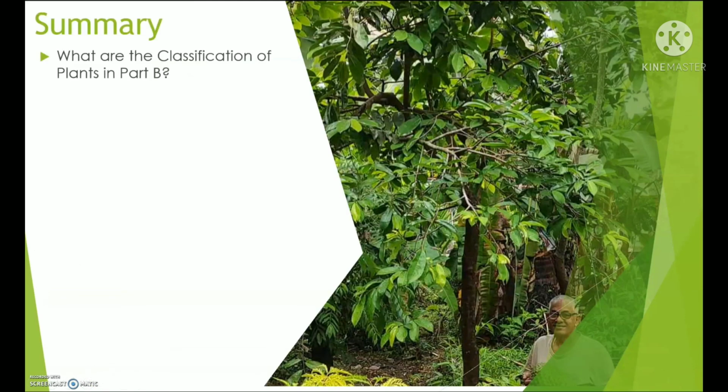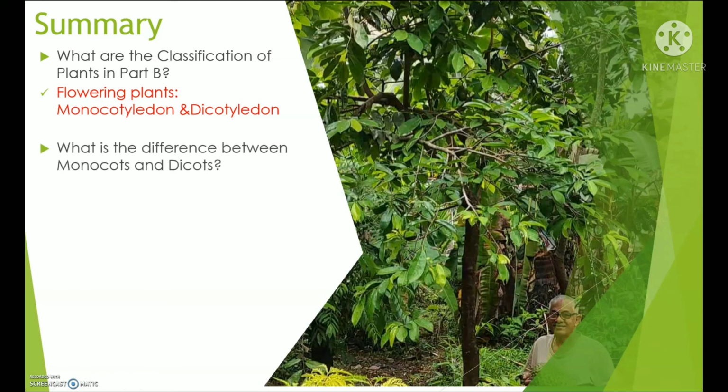Okay, let's talk about our summary for our topic for today. We talked about the classifications in part B. Again, what are the classifications, or types, of plants in part B? Very good. Flowering plants: Monocotyledon and Dicotyledon.